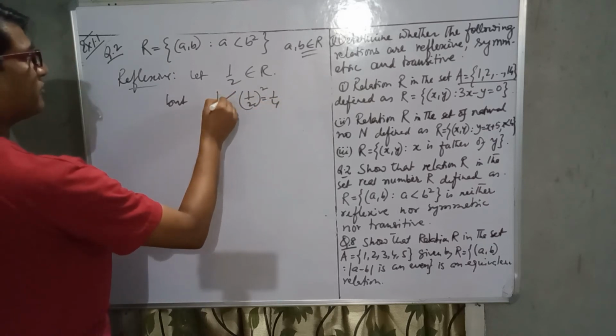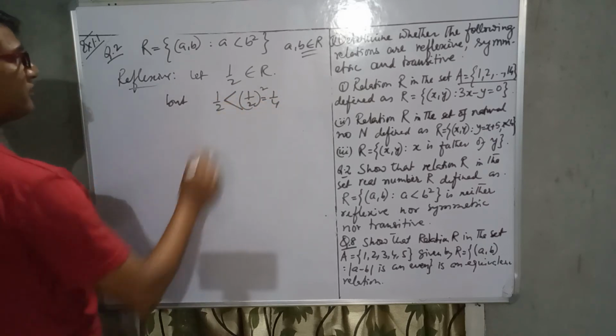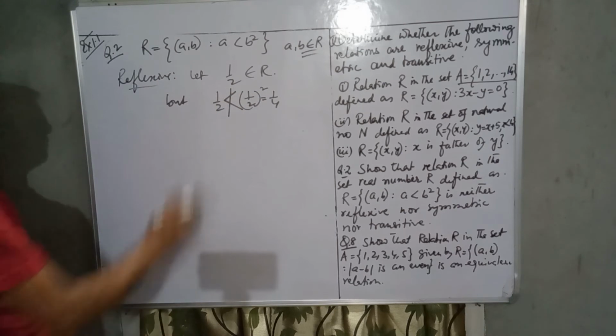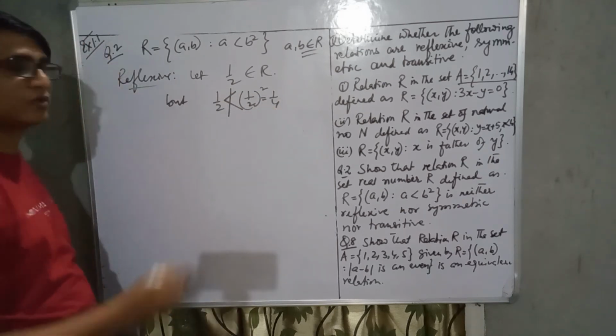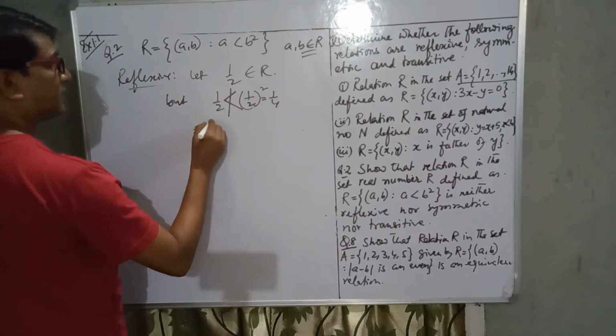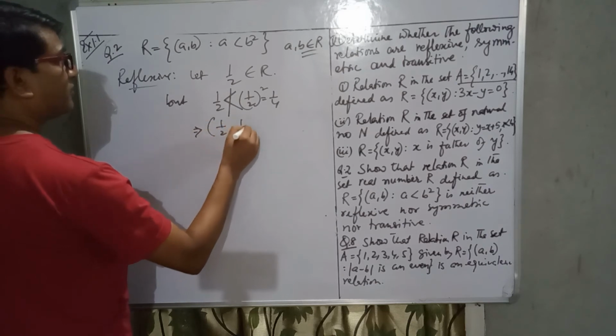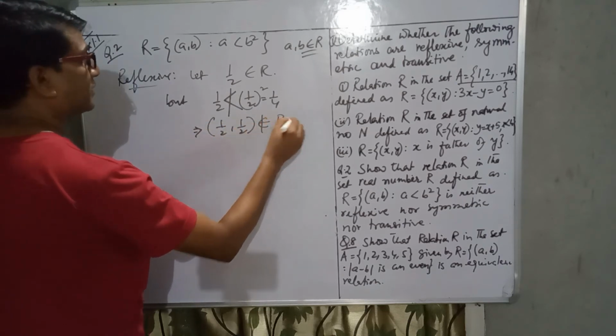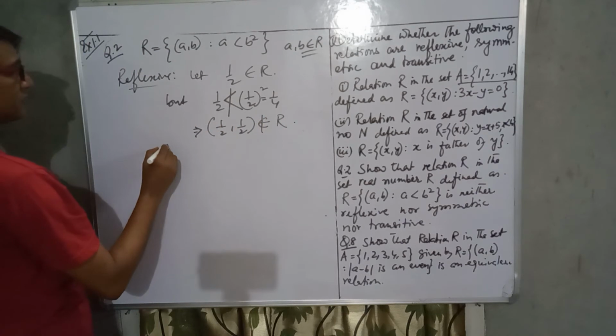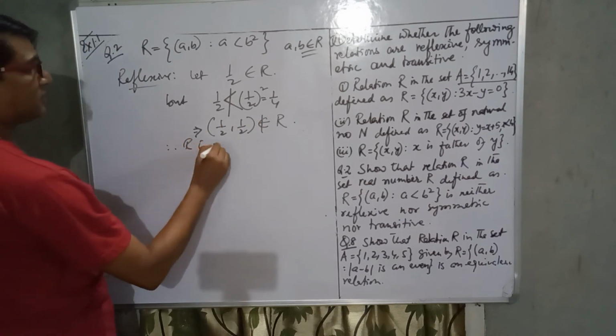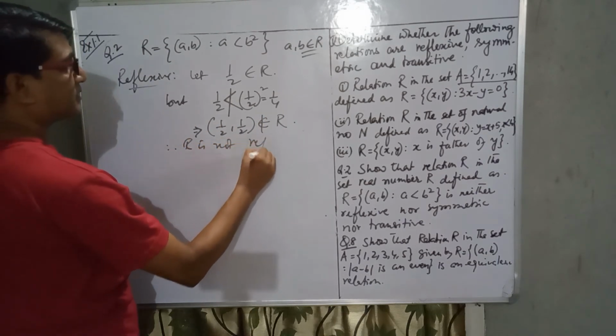Is 1 by 2 less than 1 by 4? Never. So 1 by 2 comma 1 by 2 does not belong to R. So R is not reflexive.